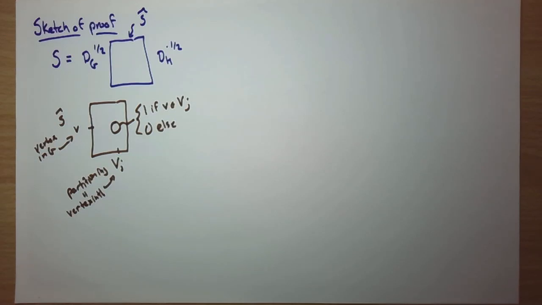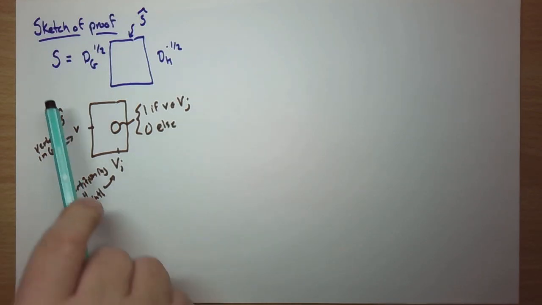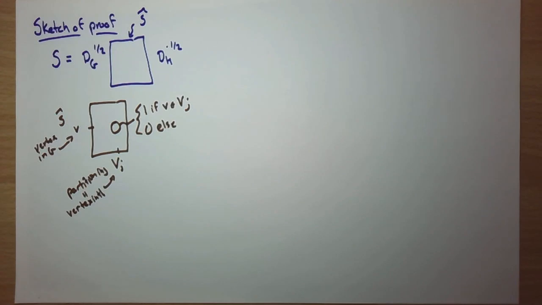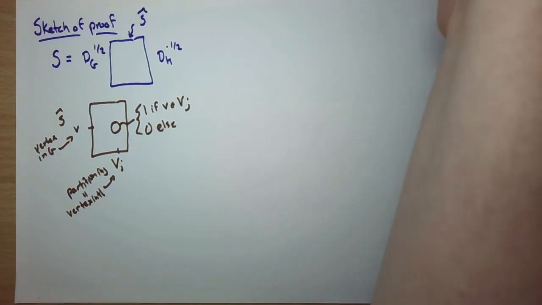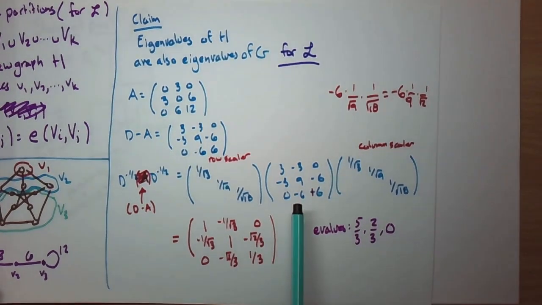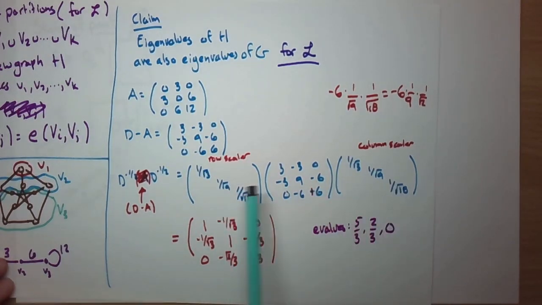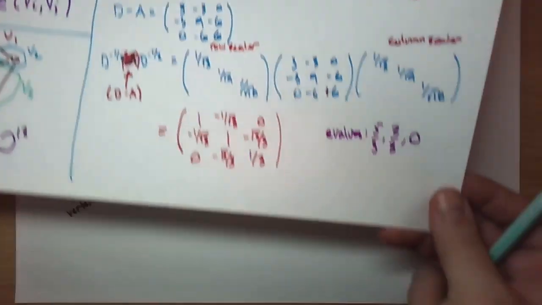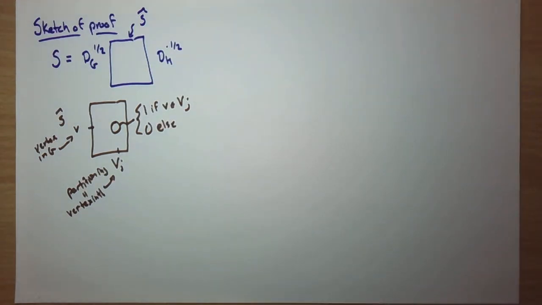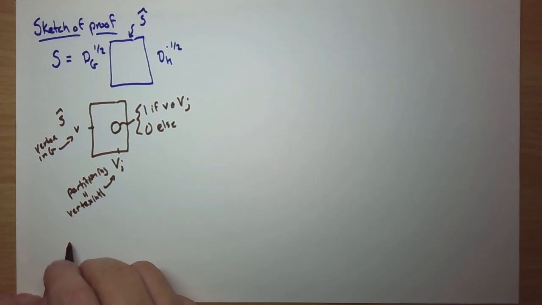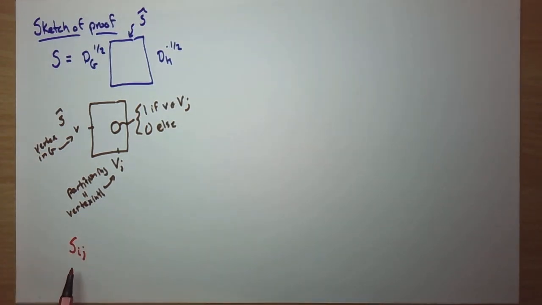All right, good. Now, if we do our same multiplication here that we did previously, so remember when we talked about previously, we said, well, if we have the middle and we multiply left and right by things which are diagonal, we just have to figure out what's going on with our scaling. Then what we can say is our Sij, so you should think of it as vertex i, subset of vertices j.